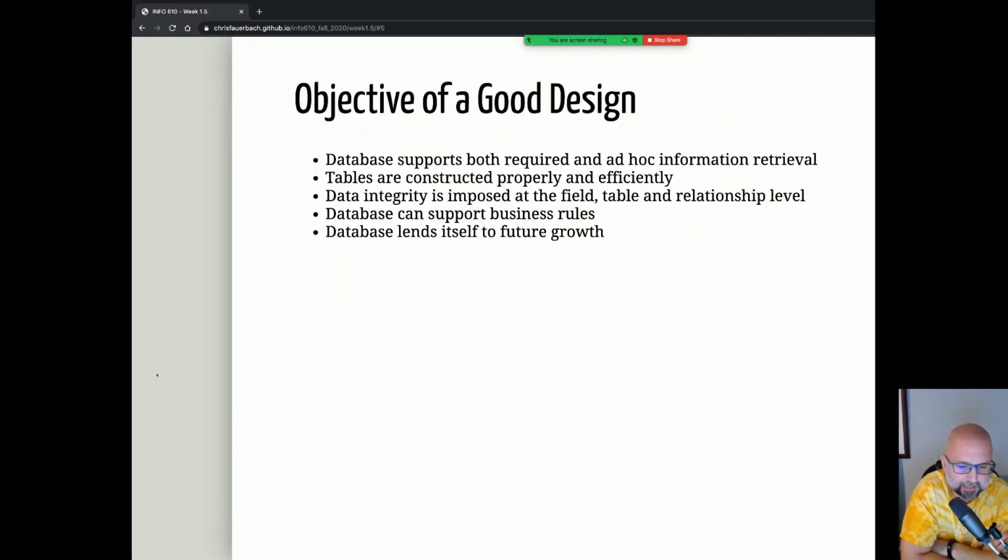So the objectives of our good design. When we think about data that we use at work, you have the data you need. You need the list of the most recent orders. You need status of associates. You need the things you're going to be querying your database for. Databases grow and change over time. And a lot of those changes happen from what we call ad hoc querying, meaning it wasn't something we planned ahead of time.